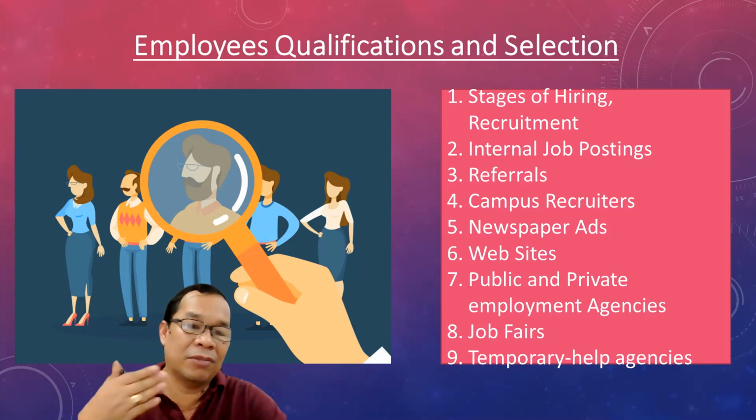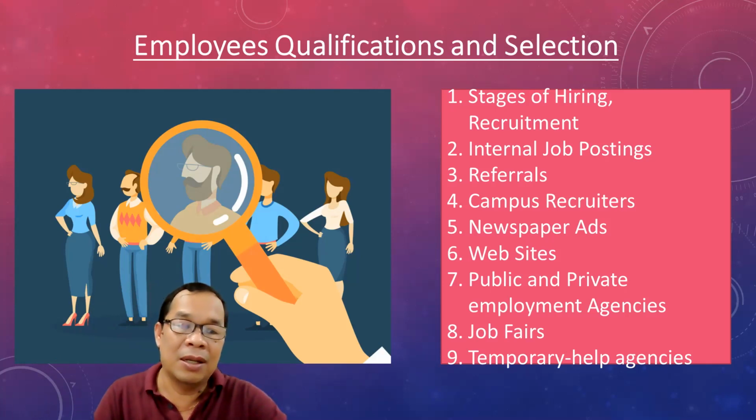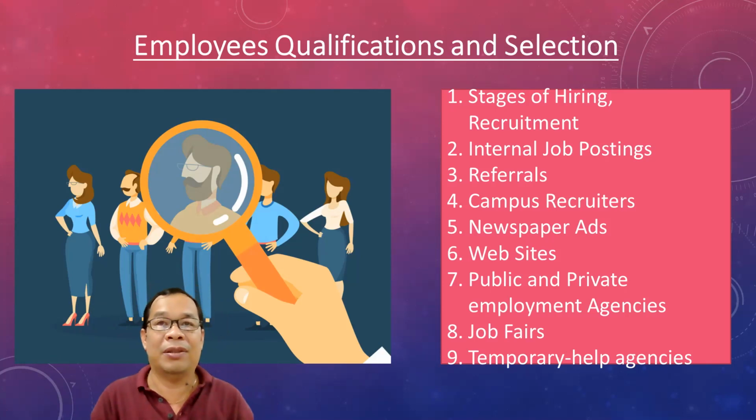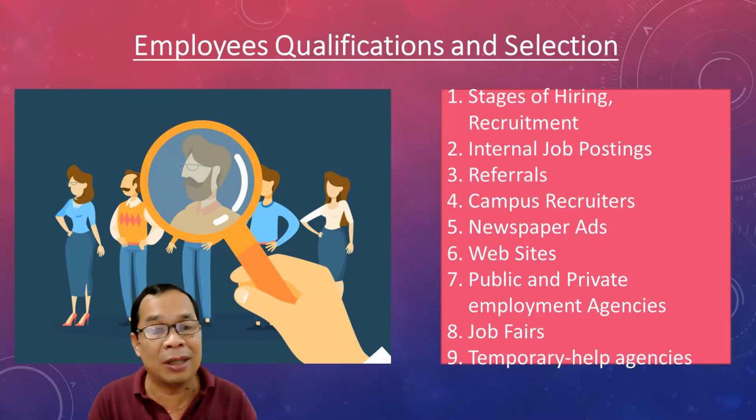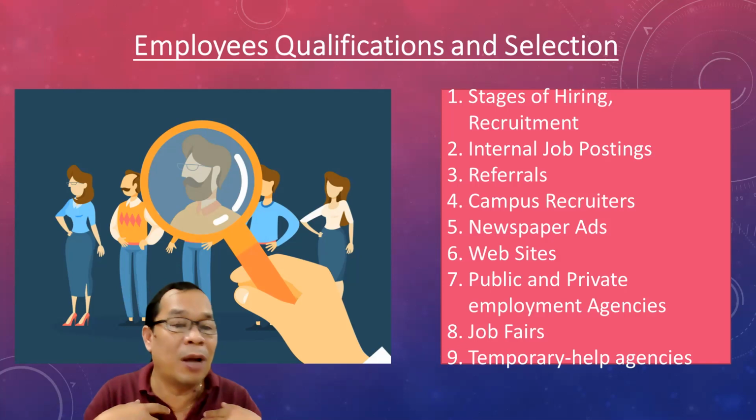Then internal job posting. Okay, this is one. Internal job posting. This is within the company itself. Internal posting of job vacancies to conspicuous places, wherein giving a chance to all employees or to all members of the organization to be aware that there is a need.